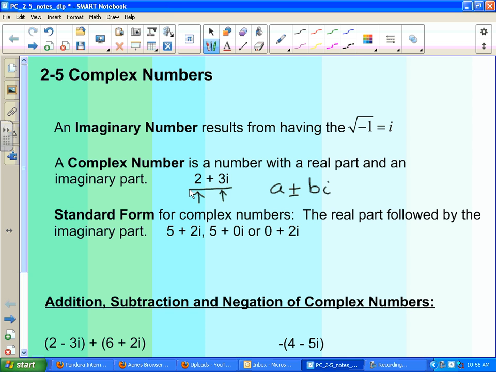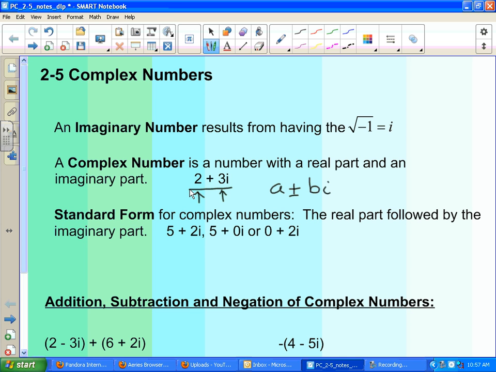The addition and subtraction part of complex numbers is just like combining like terms, so that's not a big deal. The multiplication part of it, really not a big deal, because then I have binomials and binomials. It's just like FOIL. Not bad. Division, though, we have to be careful with, because we have to get rid of any complex or imaginary parts in a denominator.